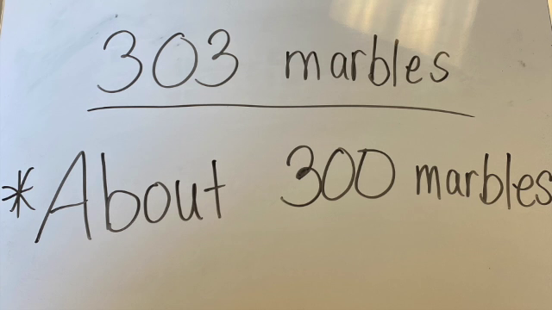So an estimate just means I have about 300 instead of 303. And hey, it ends in a 0, right? 300. Oh, and I said an estimate usually ends in a 0. So see how that works out? You will see how it works out with our next strategy.